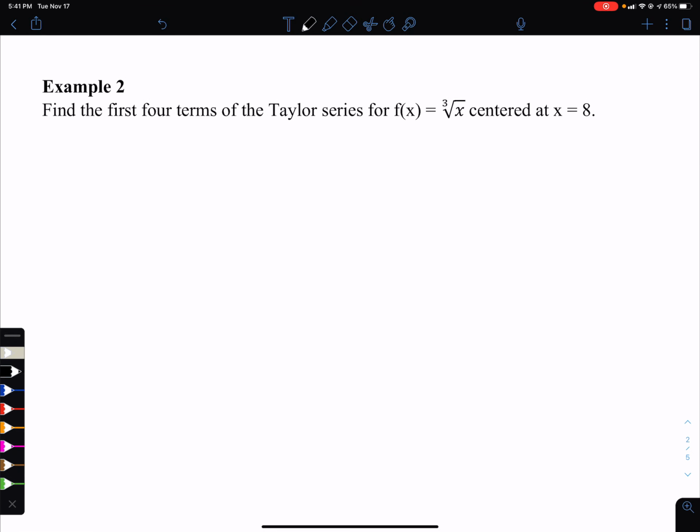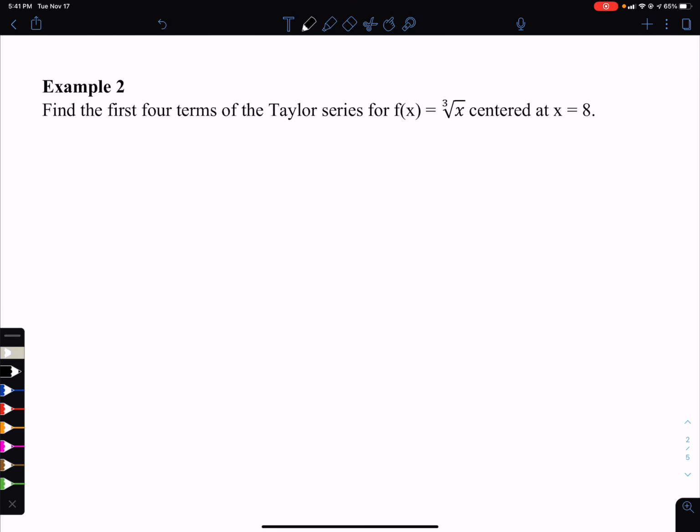So this next example, we're going to just change the center, so it's not going to be a Maclaurin series. We'll just change it to 8. So a equals 8. Our function is x to the 1/3, and so we'll just take some derivatives. That's going to be 1/3 x to the negative 2/3.